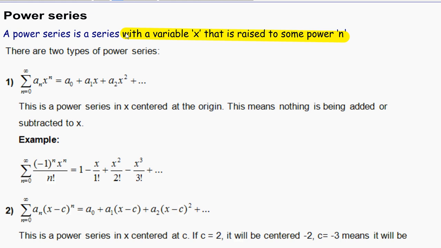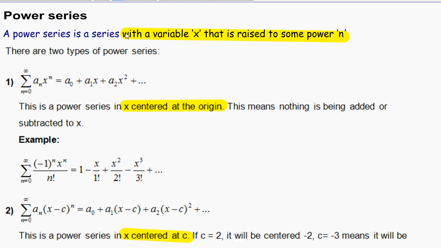You can find a power series that's centered at the origin, okay? Or you can find a power series that's centered at C. The difference is the ones that are centered at the origin, there's nothing added to x.